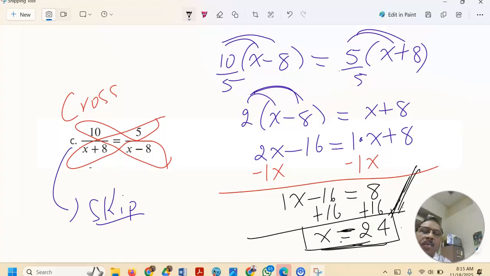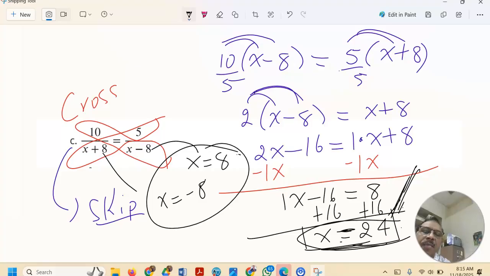First of all, we want to make sure this is invalid when x is minus 8. This is invalid when x equals 8. But we did not get those numbers, so we don't have to worry about extraneous solutions. So this is the solution, x equals 24.